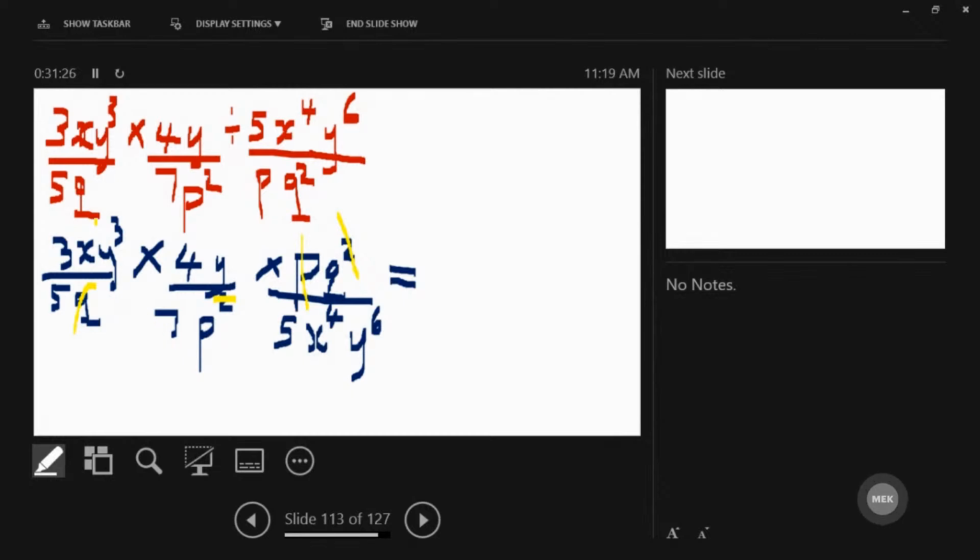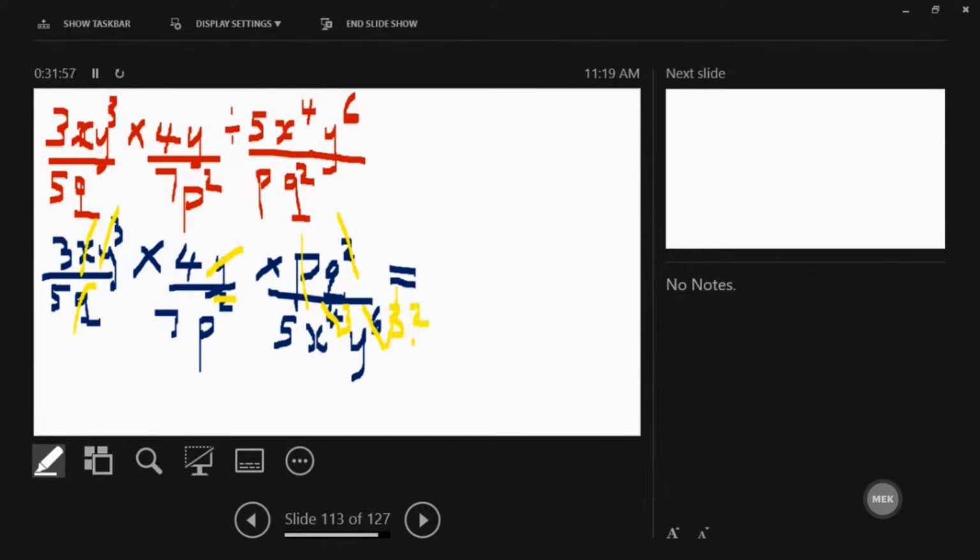This x cancels one of the x to the fourth power and leaves x cubed. And y to the third power cancels y to the sixth power and leaves 3. All right, and this y now can also cancel one of that one. So we actually have y squared. So is that it? Everything cancels?